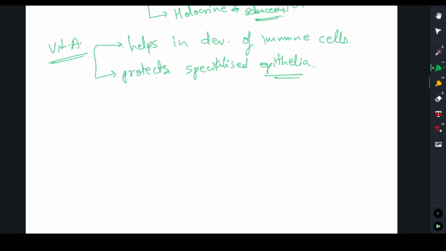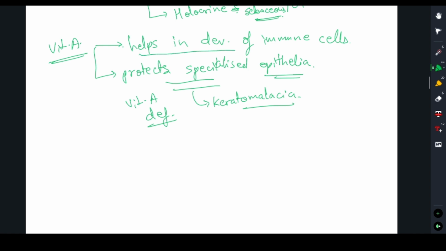And if there is a vitamin A deficiency, then that protection is not there, due to which the cells will undergo change to counteract the stress, and hence what will be the result? You will see keratomalacia, right? So this can occur due to vitamin A deficiency, leading to metaplastic changes, leading to keratomalacia finally.